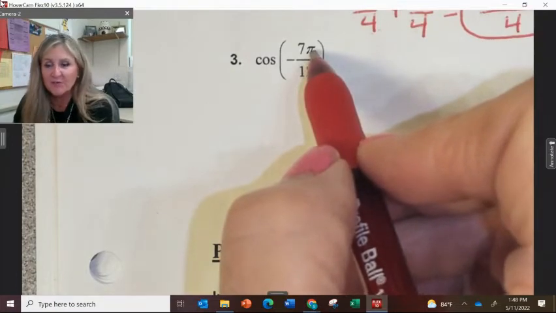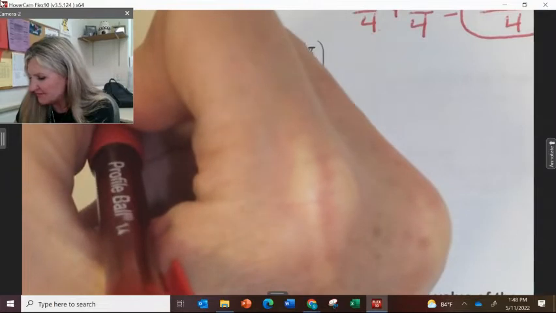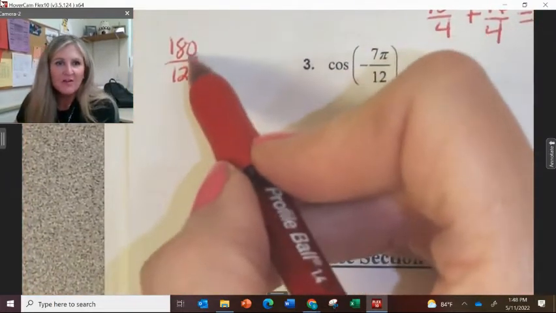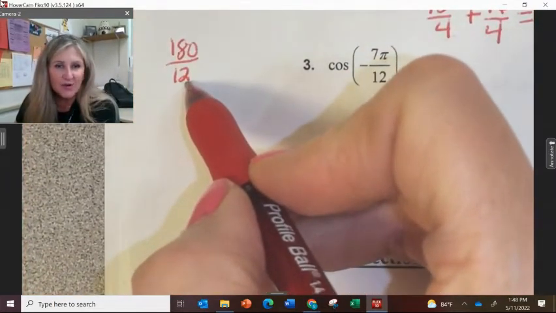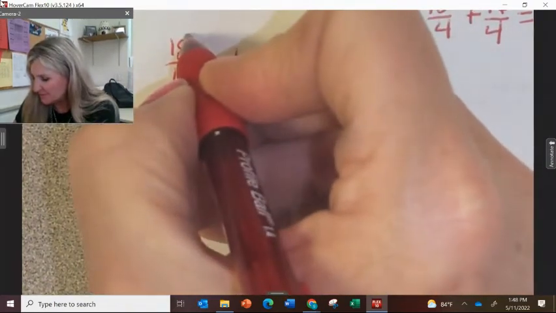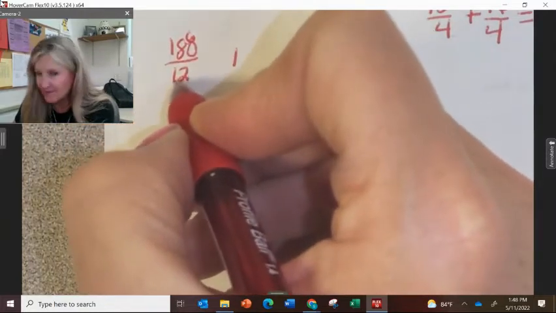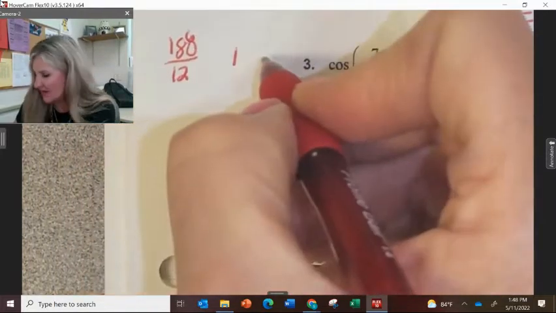So what's another name for pi in degrees? So I have 180 divided by 12. What is 18 divided by 12? 1 with how many left over? 6. What's 60 divided by 12? 5. Guys, this is something you want to know.